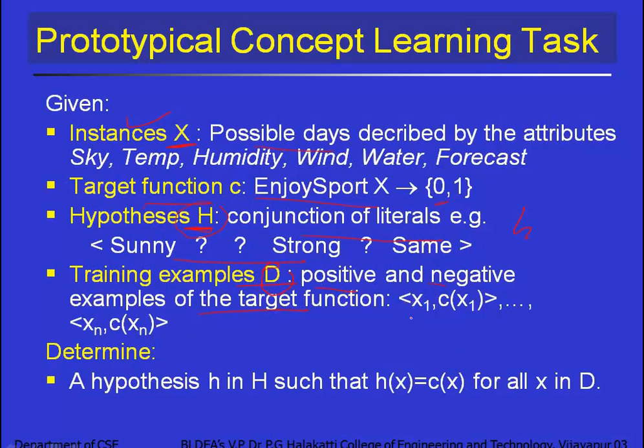How is it represented? x1 is an instance, and the target attribute is C of x1. Like this, there are n instances.